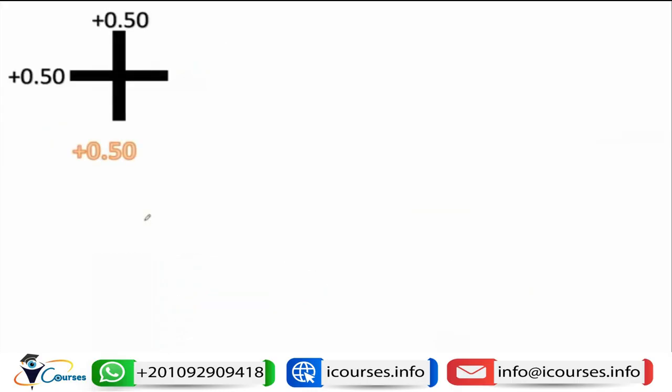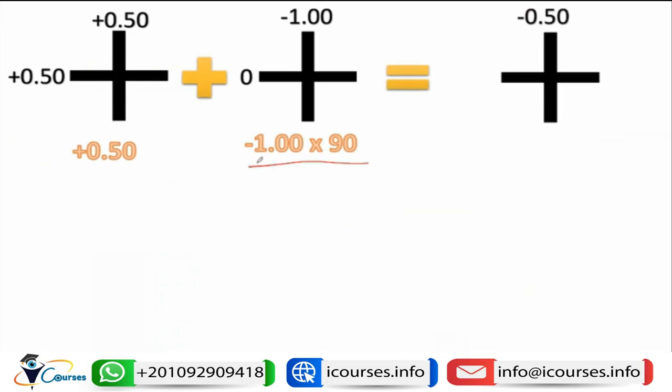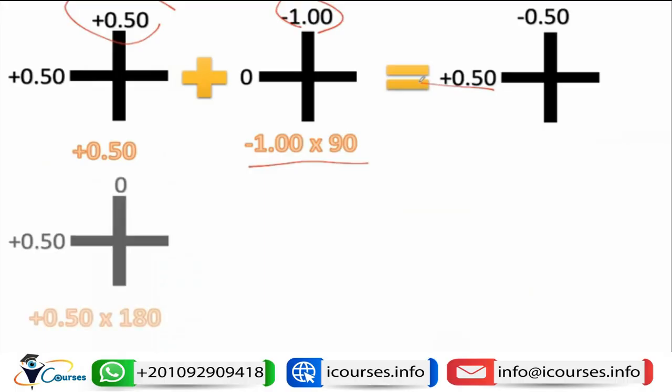Let's see this more in practice. If we have a plus lens, which is plus 0.5, so both meridians have plus 0.5 diopters, and we combine it with a cylindrical lens, which has minus 1 in the axis of 90, then it will be an algebraic summation of both meridians: plus 0.5 plus minus 1 will equal minus 0.5, while plus 0.5 plus 0 will equal plus 0.5.